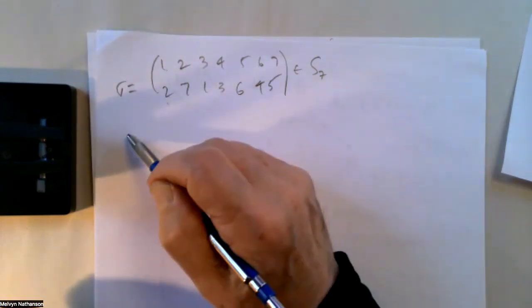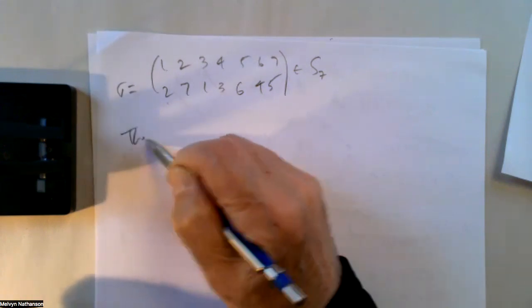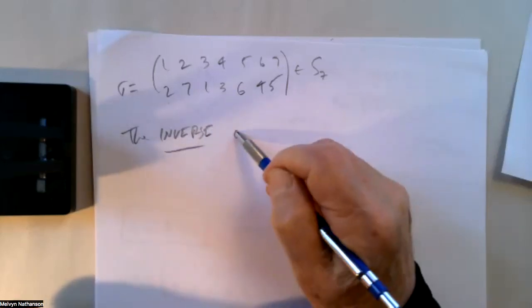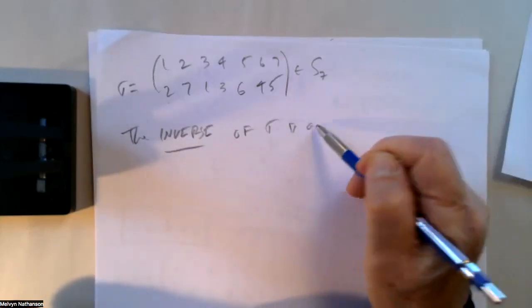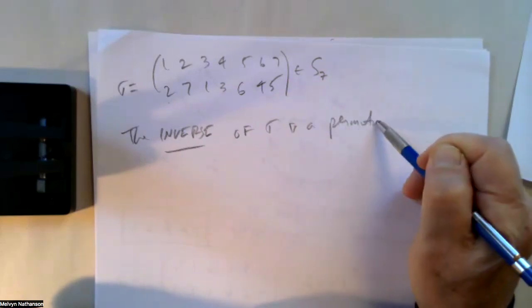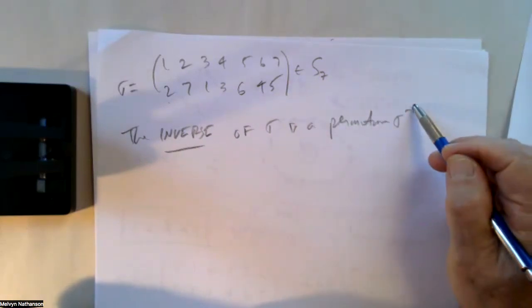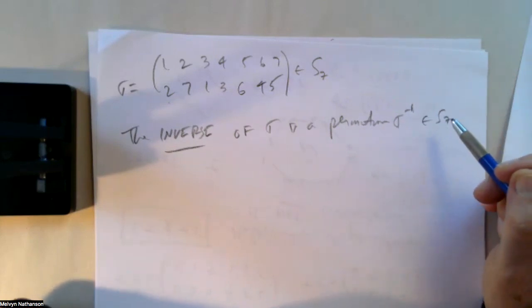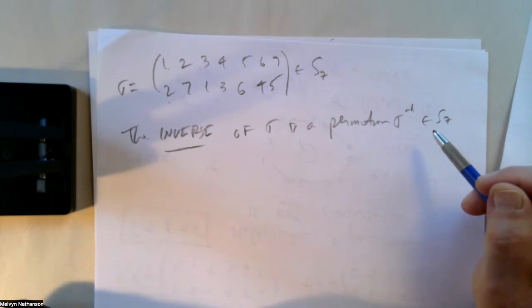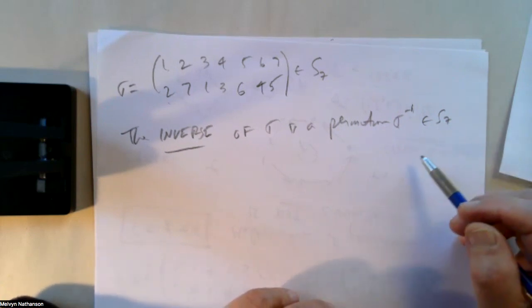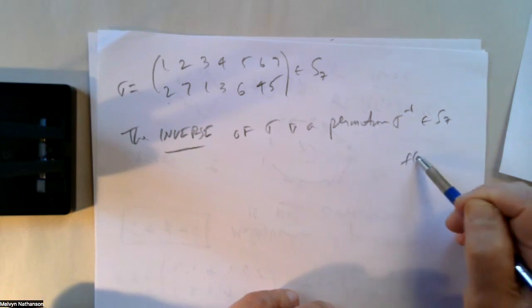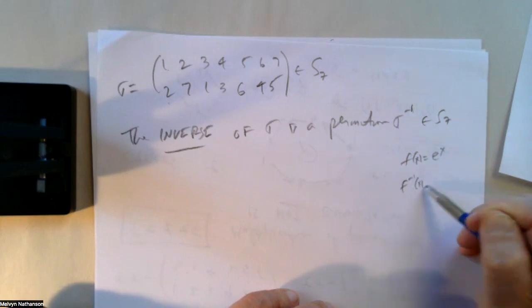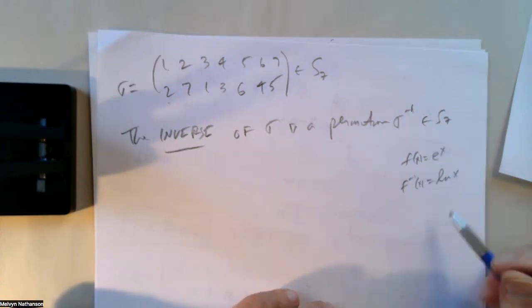Now, for every permutation, there's an inverse. So the inverse of sigma is a permutation. Write it as sigma to the power minus 1. This is called sigma inverse in S7. And again, it's just like what you learned in calculus. In calculus, you might have had the function f of x equals e to the x. And the inverse of this was the natural log of x.